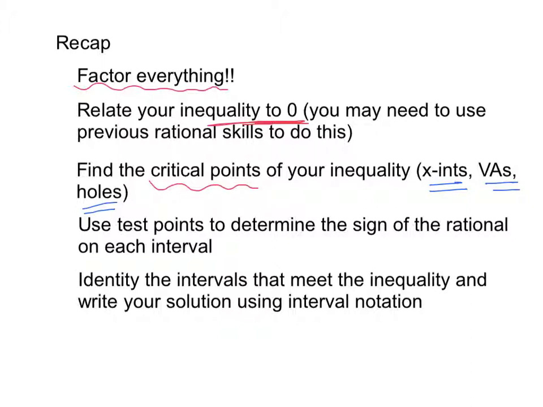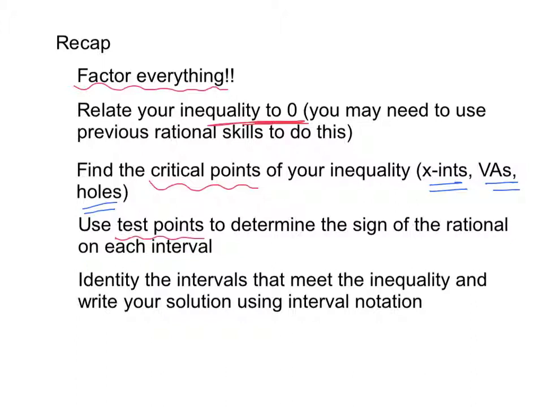Then you're going to use test points to determine the sign of the rational in each interval. Remember, I got to the point where I was just worried about signs and I wasn't even writing any numbers down, just pluses and minuses. So that's kind of a time saver if you want to use that. If you want to write it out and find all the values, that's fine by me too. Once you determine your signs, you identify the intervals that meet the inequality.